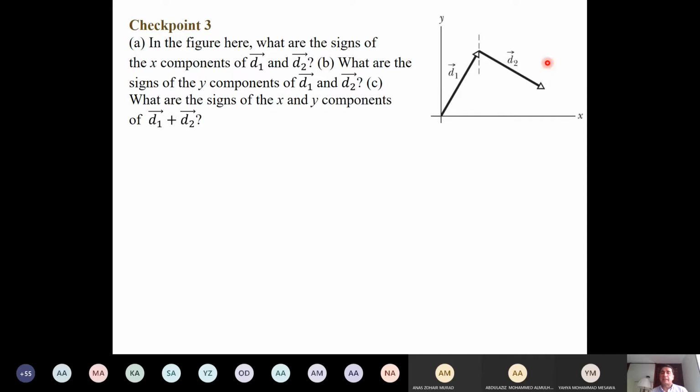When I sketch the resultant vector, from the origin to the tip of the last vector, what do you expect about the signs of its x and y components? Positive. Yes, and you answered correctly.